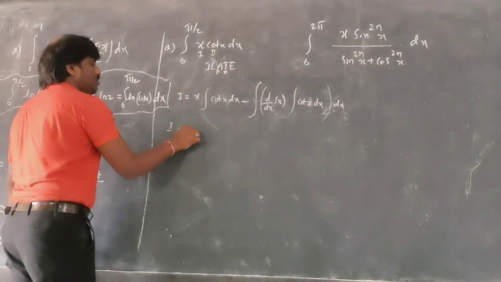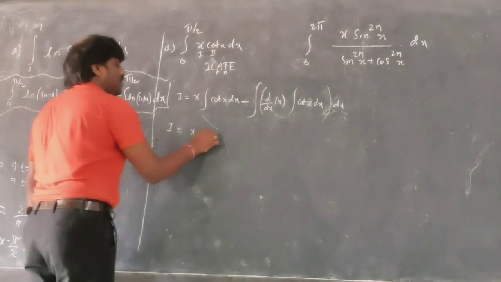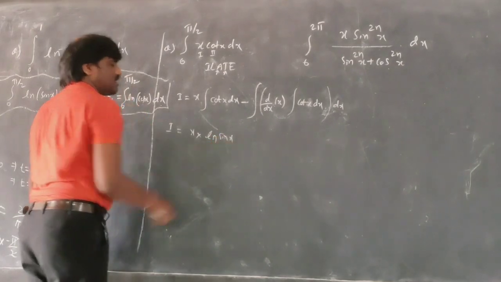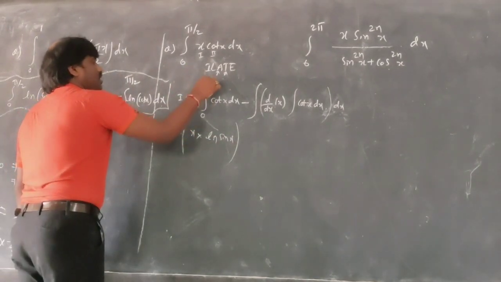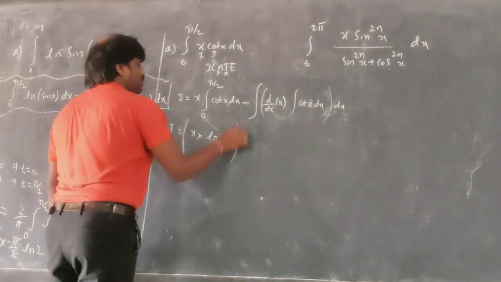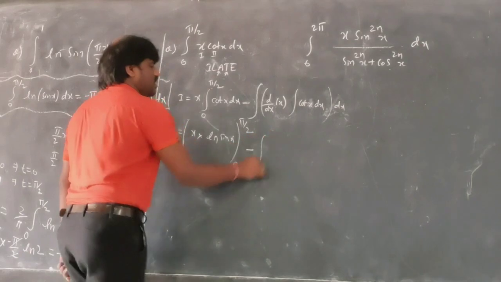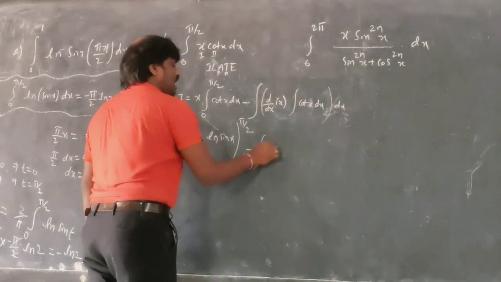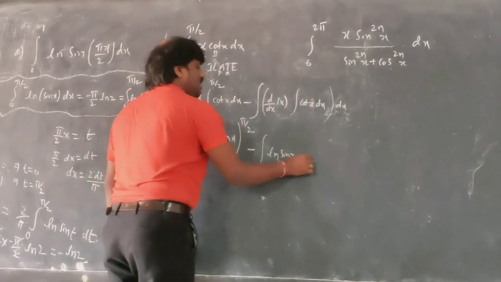So I is equal to x into ln sin x, evaluated from 0 to pi/2, minus the integral of d/dx of x, which is 1, times ln sin x dx.